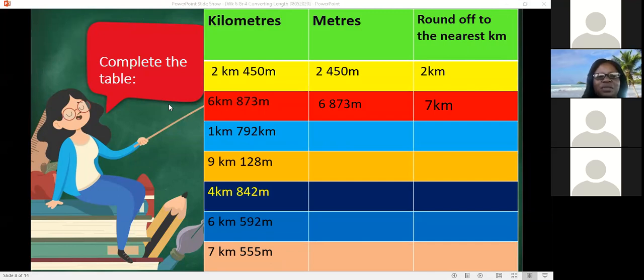We are doing 1 kilometer, 792 meters. So how many meters is that? It's 1,792, ne, Gabrielle. Thank you so much for trying. I want someone to round it off for us.